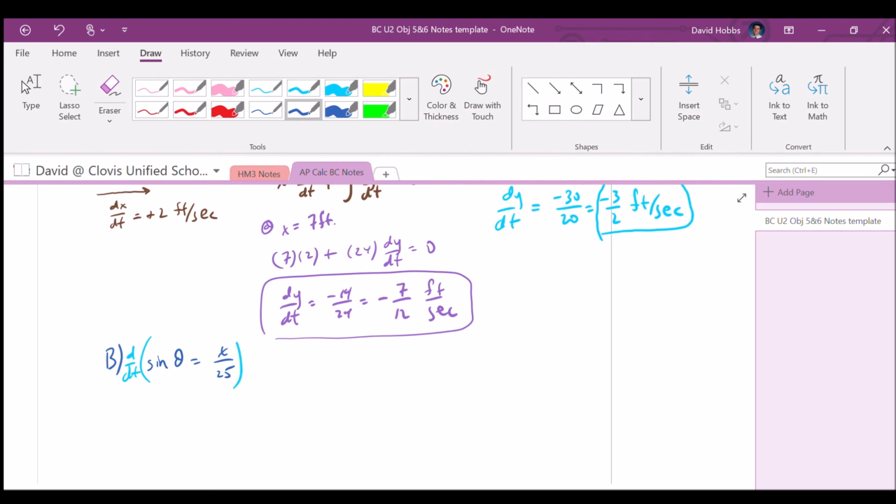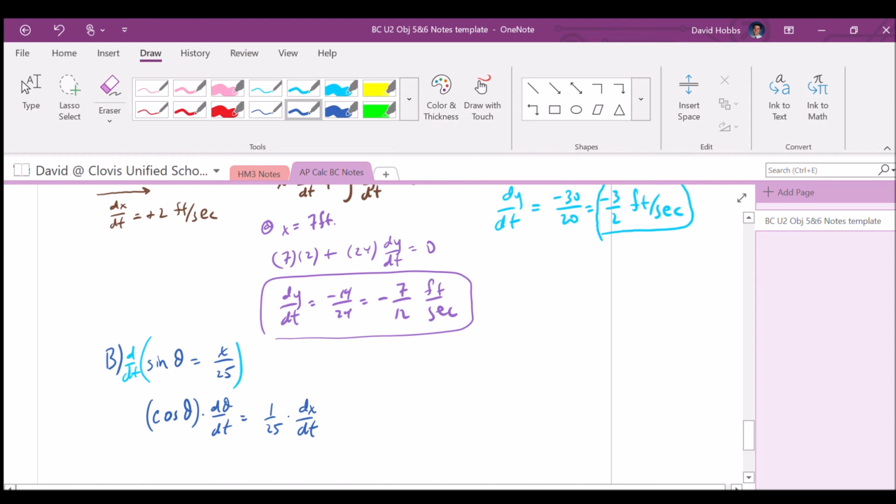Okay, and so the derivative of sine is cosine of the angle. The angle does not change, times the derivative of the guts with respect to time, d theta dt. Now this is 1/25 x, so the derivative is going to be 1/25 times dx dt.